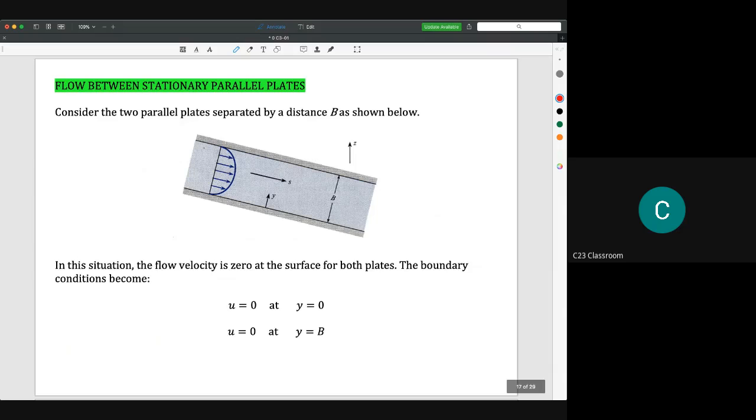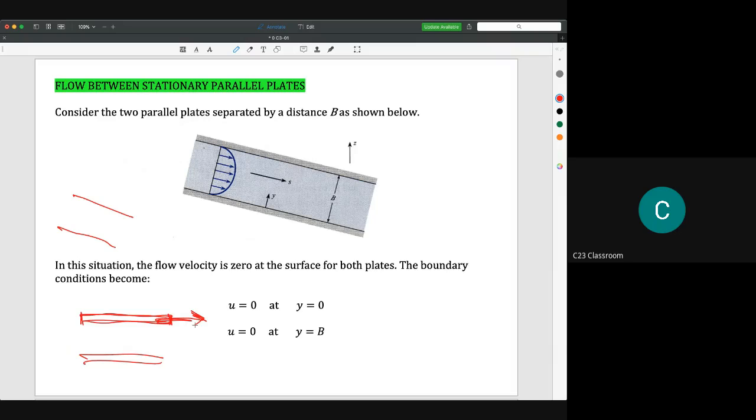Okay, so this is the third situation for Couette flow: flow between stationary parallel plates. If you see situation number 1, we have a plate, normally horizontal, because in horizontal the fluid cannot flow by itself, as there is no slope. The fluid will move because the top plate is moving at a certain velocity.